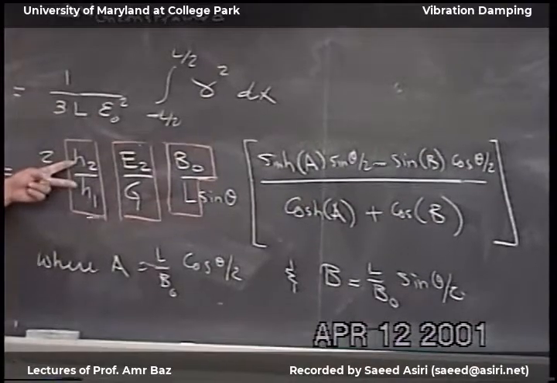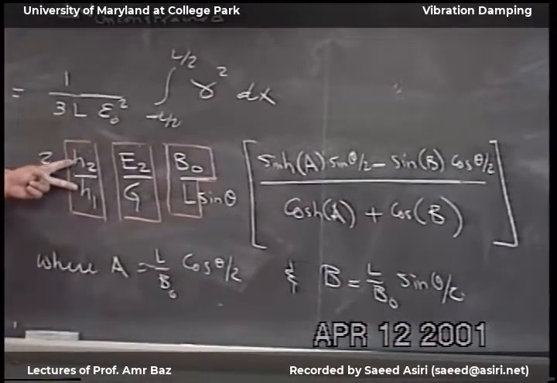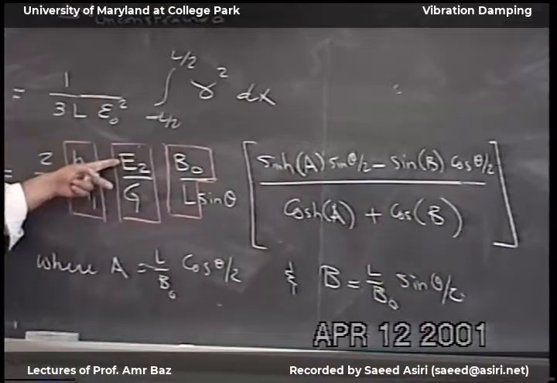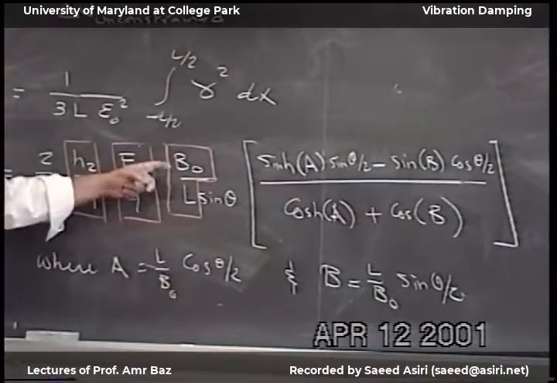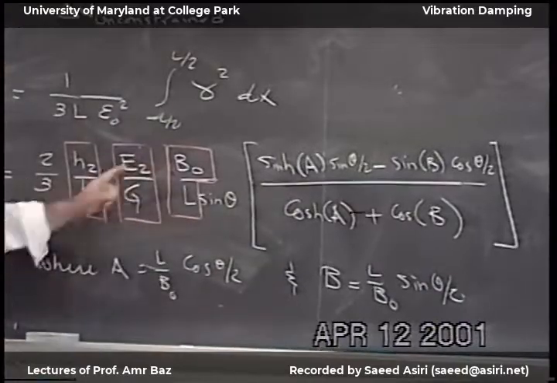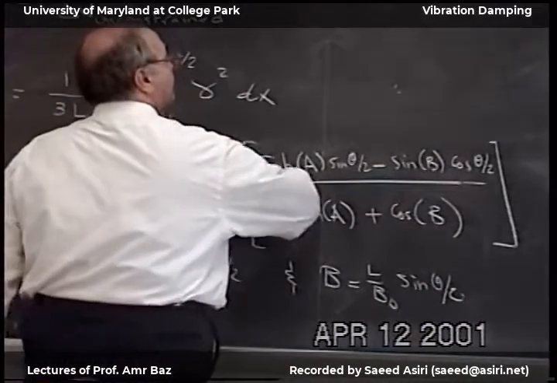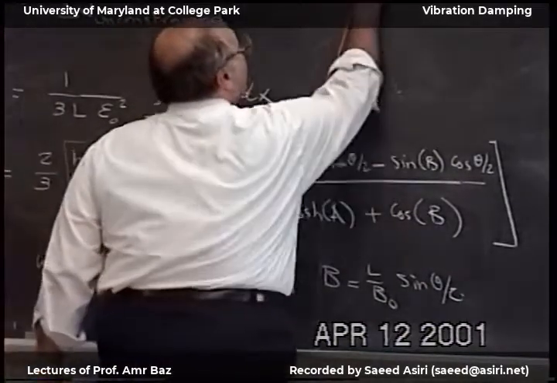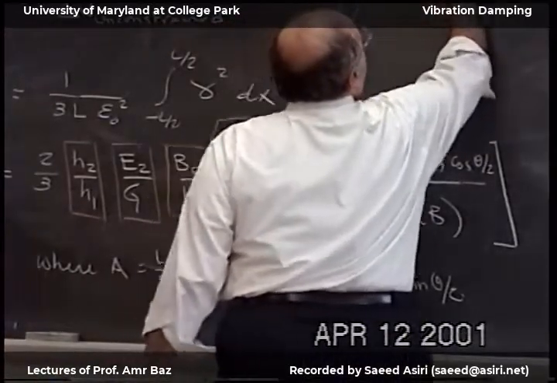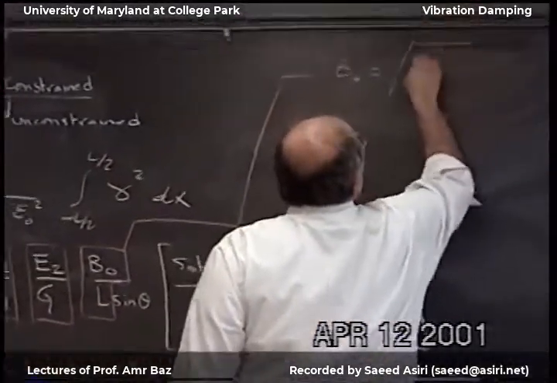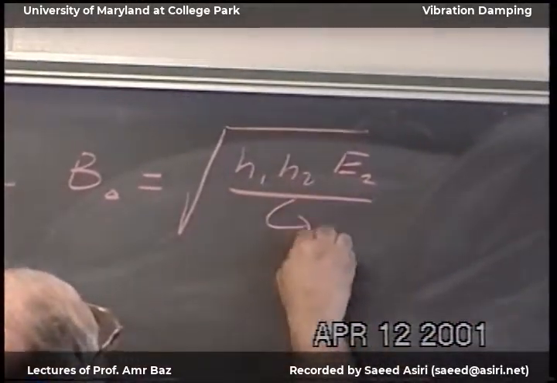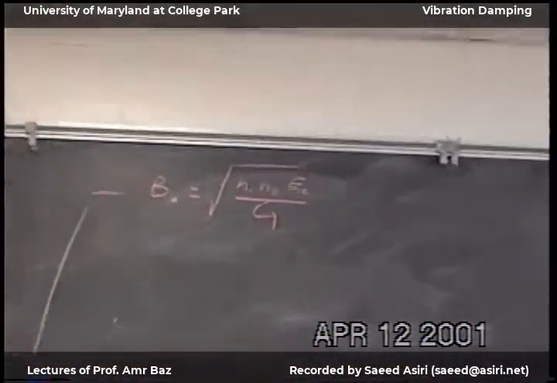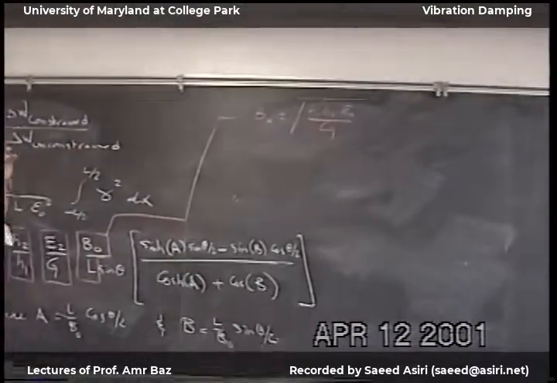The ratio between the constraining layer and the viscoelastic layer thickness. Young's modulus of the constraining layer and the shear modulus of the viscoelastic material. The characteristic length, which we found to be equal to the square root of H1 H2 E2 over G. But we will not use this number.